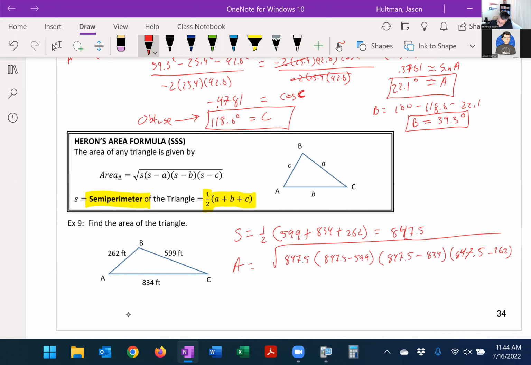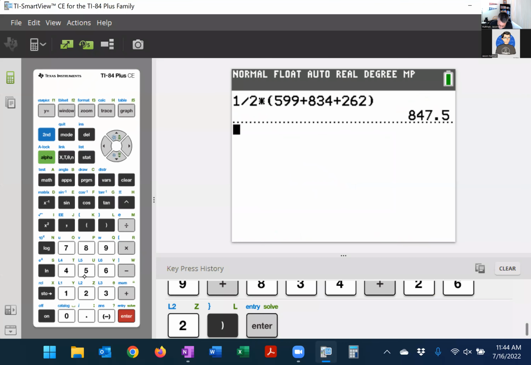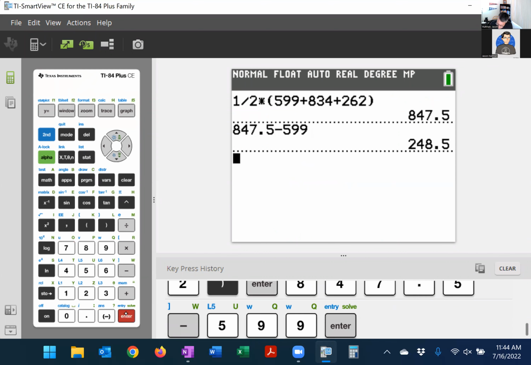All of that is under the square root. So 847.5 minus 599 is 248.5.